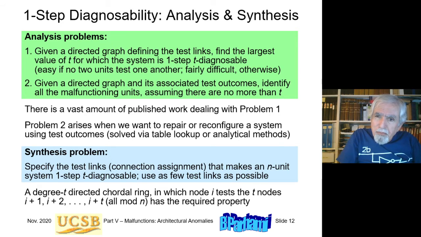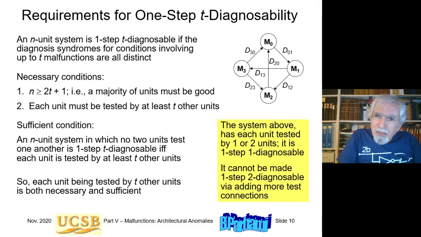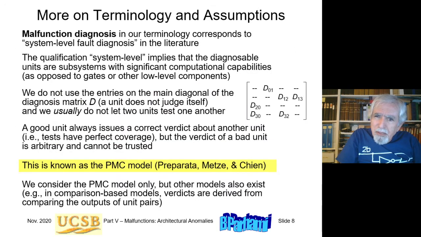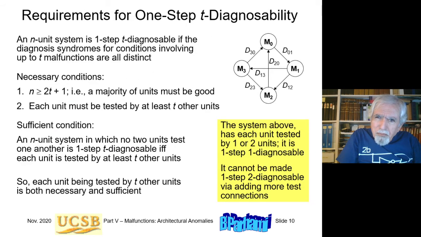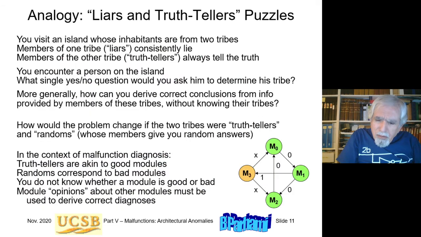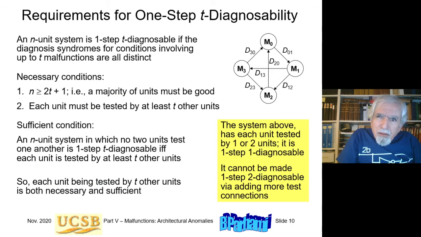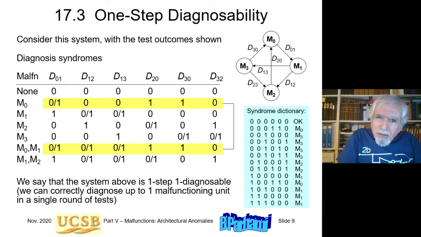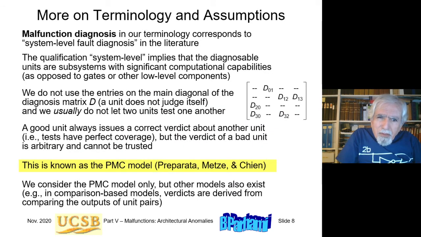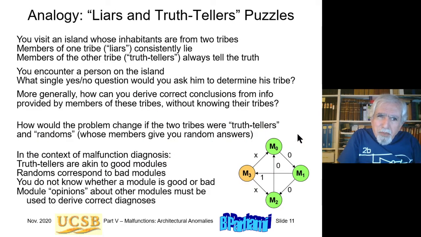Okay, so for example, in this diagnosis matrix, these entries are given to you. These are zeros and ones. And your job is from this matrix to determine which unit is malfunctioning. Okay, that's the second analysis problem.